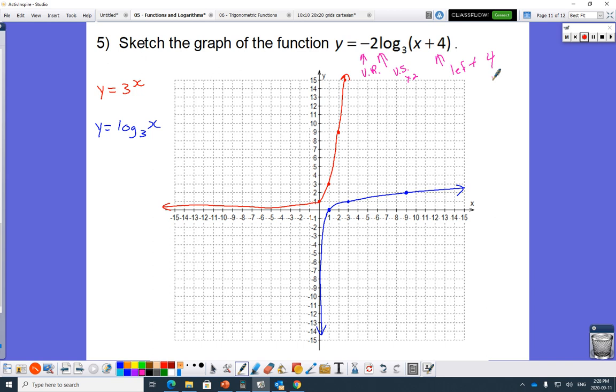You give me the log graph, I can move it around all you want. So you can do that on your notes. Move that thing over. Check it with your calculator so you know you got that part of it down, okay? The part I needed to show you was how to get from 3 to the x to log base 3. Not bad there now? Now you're like, okay, I guess I can graph logs. I got a shot at it now.